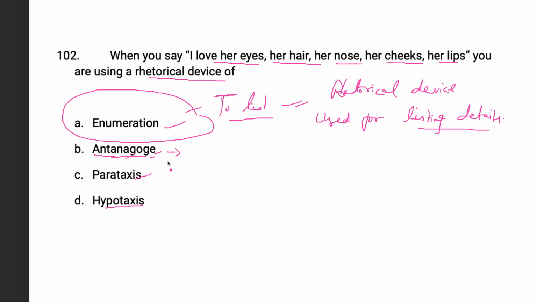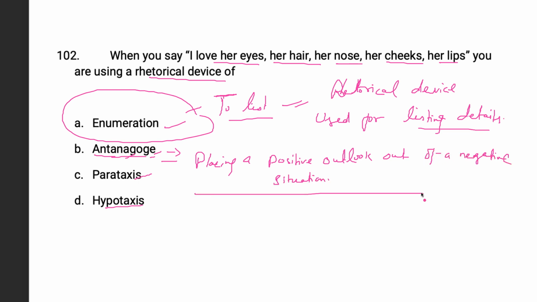It is also placing a positive outlook out of a negative situation. When we have to simply face this negativity, we try to derive some positive, or we try to end it on a positive note in order to satisfy ourselves, or in order to get the best of it.